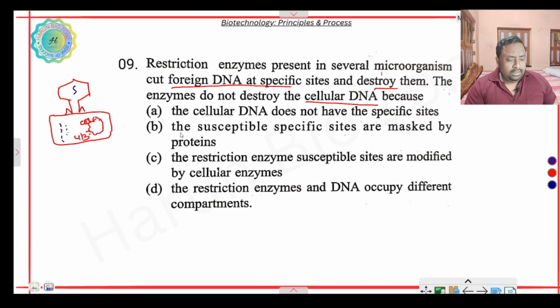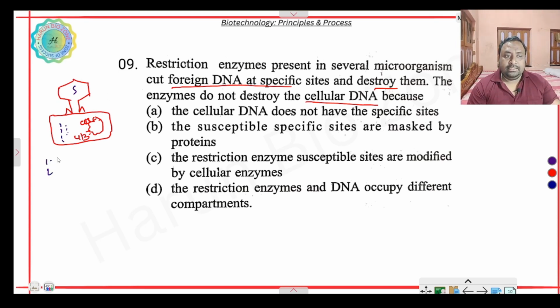The restriction enzyme susceptible sites are modified by a cellular enzyme. So the enzyme has two functions.